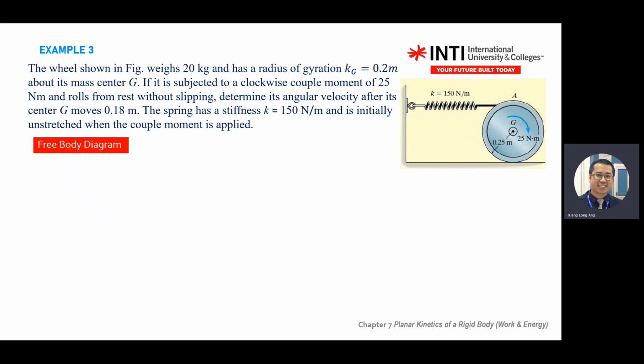Why do I say move to the right? Yes, because of the moment given. The spring has stiffness given, initially unstretched when the coupled moment is applied. Okay, free body diagram. How to draw the free body diagram?